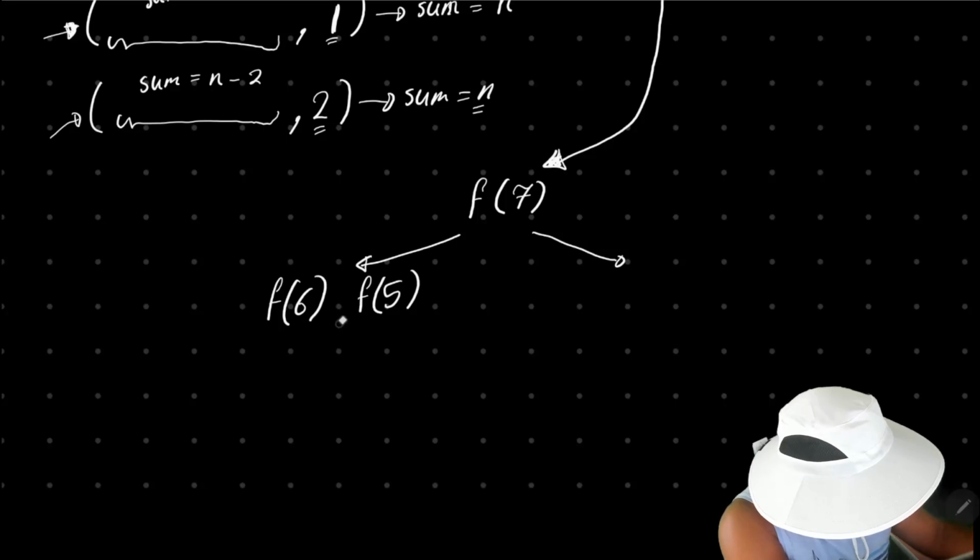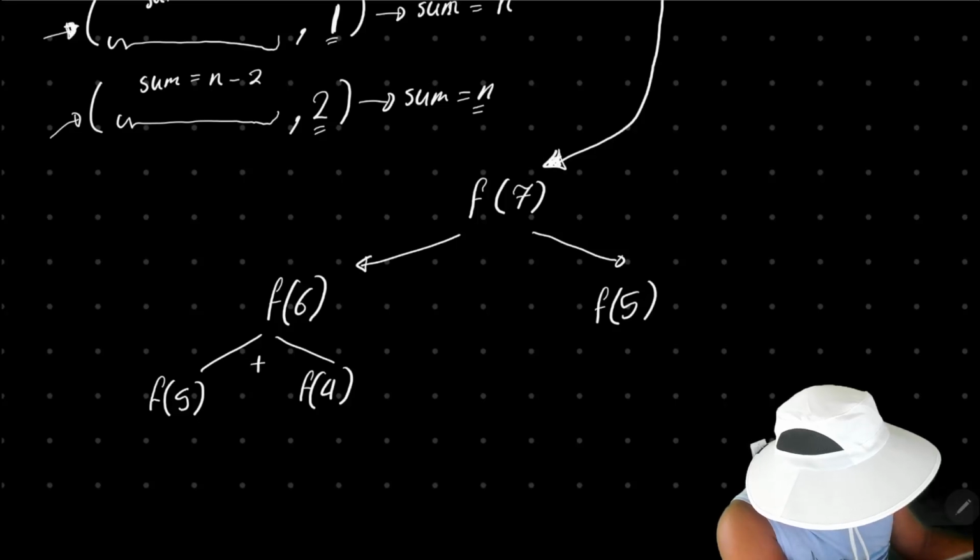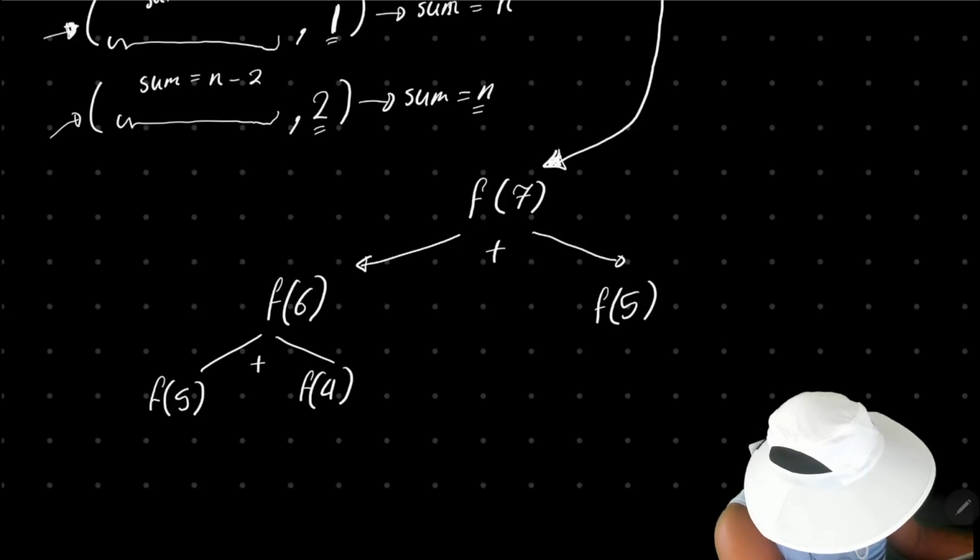I'm going to put two separate branches. What about the number of ways for a staircase of size 6? Well, that will be the number of ways for a staircase of size 5 plus the number of ways for a staircase of size 4. There's a plus sign here, there's a plus sign here.